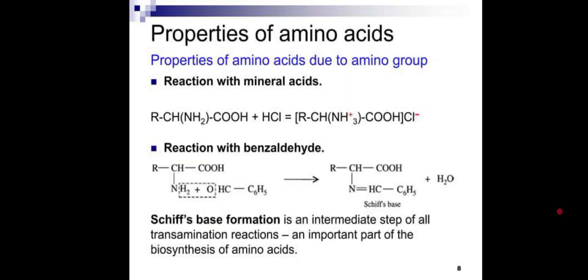We also have reaction with mineral acid. Amino acid can react with HCl. It can also react with benzaldehyde. So you can see the reaction. It leads to the formation of a Schiff base, which is an intermediate step for transamination reactions, which you have in the urea formation pathway.